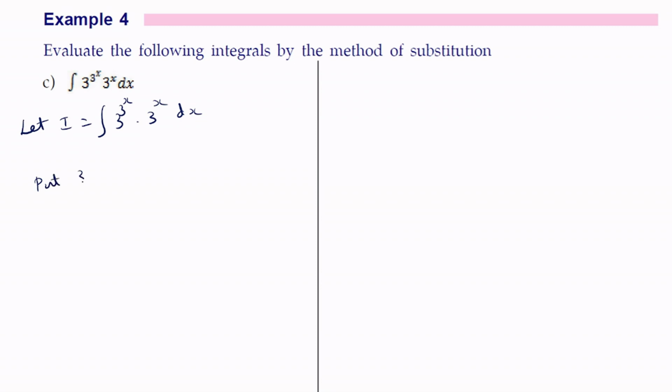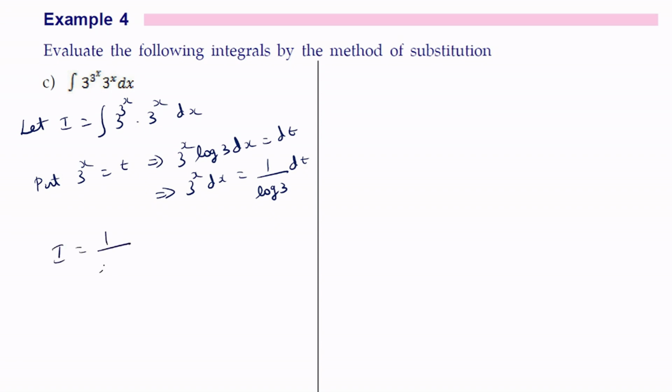Now let us put 3 raised to x as t, so that 3 raised to x log 3 dx equal to dt. Here we already have 3 raised to x dx, so from this we get 3 raised to x dx will be 1 by log 3 dt.